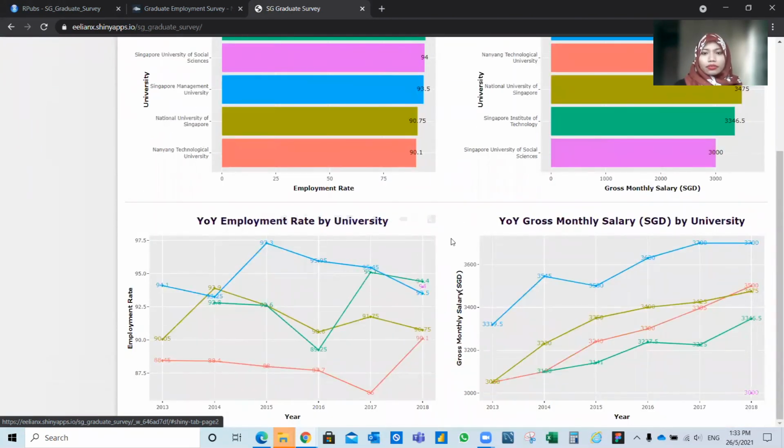And from these graphs that has been plotted, we can see the trend for each category. We can see that Singapore Institute of Technology achieved the highest in 2018, and Singapore Management University achieved the highest monthly salary also in 2018. So we can see the increasing trend for the gross monthly salary between 2013 until 2018.